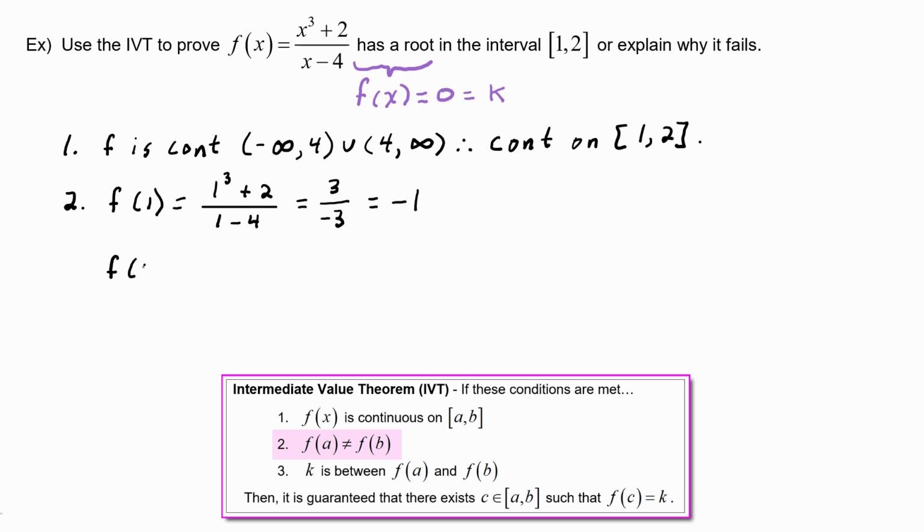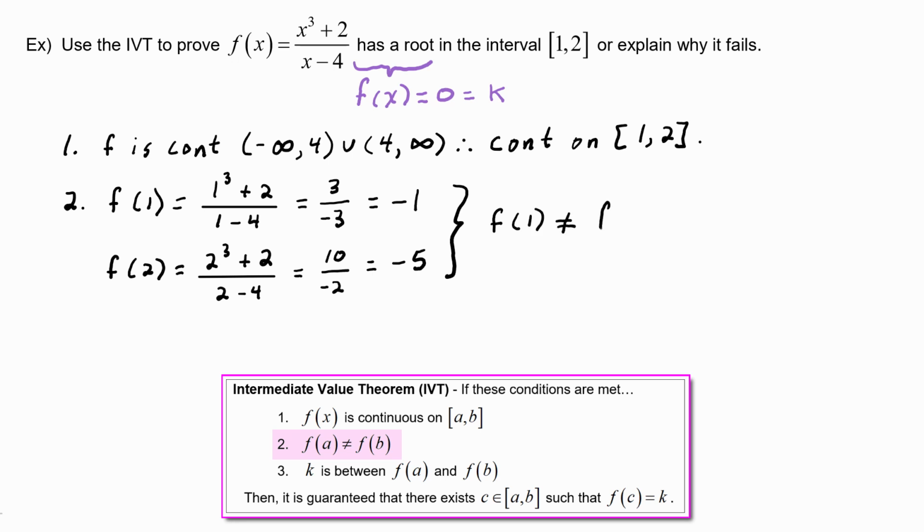F of 2 is going to equal 2 cubed plus 2 over 2 minus 4. So that's going to be 10 over negative 2, which is negative 5. And certainly those two values are not equal to each other, so f of 1 does not equal f of 2, and so that satisfies step 2.